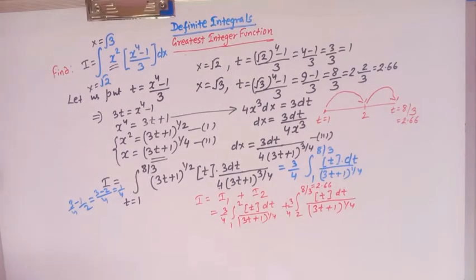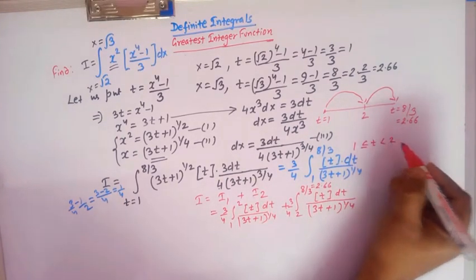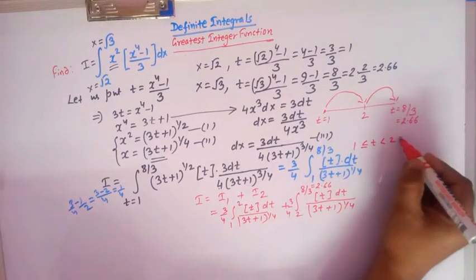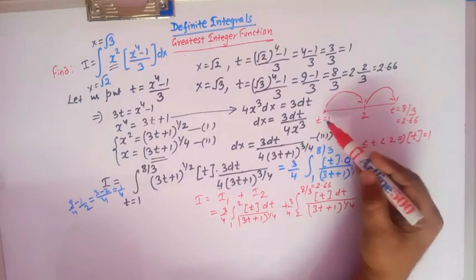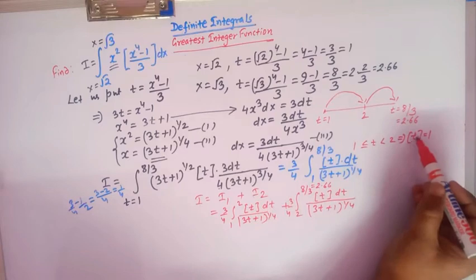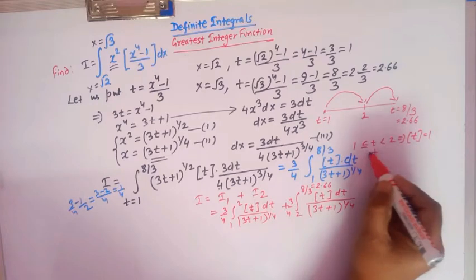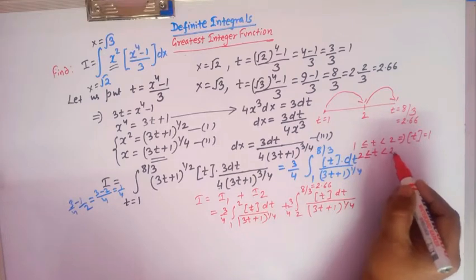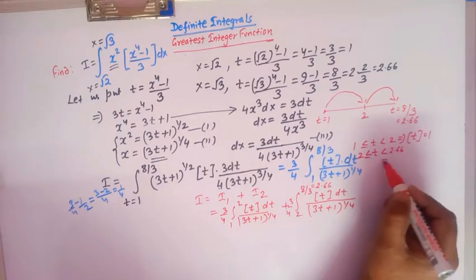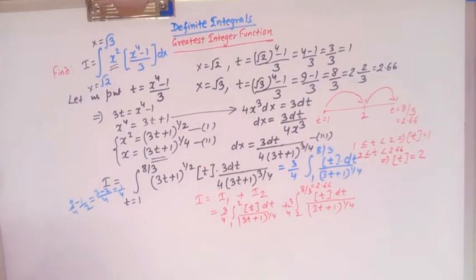Okay, so now when t lies between 1 and 2, we see that the value of the greatest integer t is equal to 1, right? And when t lies between 2 and 8/3, that is approximately 2.66, the value of the greatest integer t is equal to 2, right?